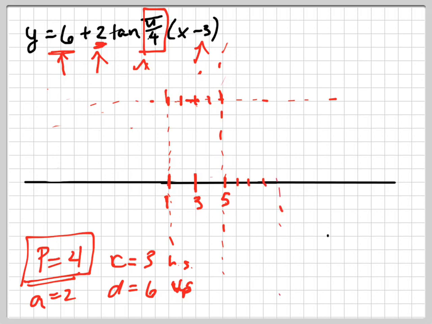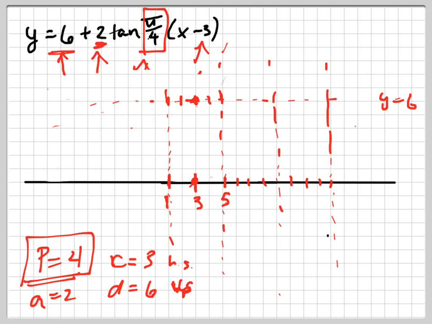There's going to be another because the period is 4, and another 1, 2, 3, 4. There's going to be another vertical asymptote right there, and instead of being centered down here, it's centered up here at that line y equals 6.